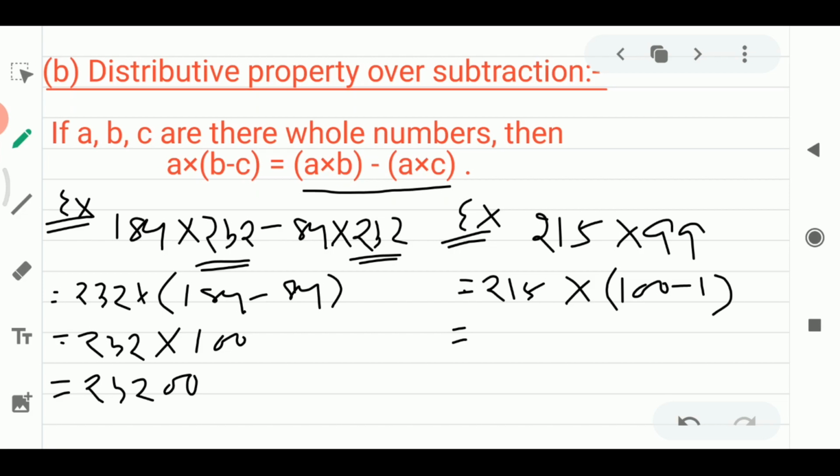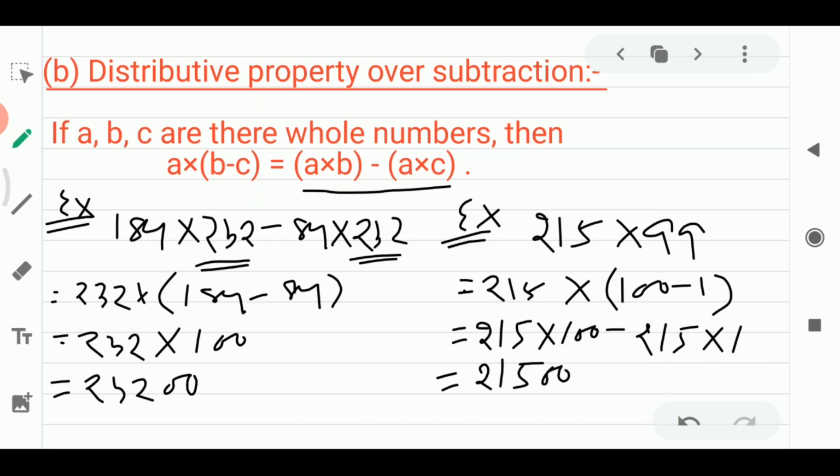So a into b means 215 into 100, minus a into c, a into c means 215 into 1. Now 215 into 100 is 21500 minus 215 into 1 is 215.